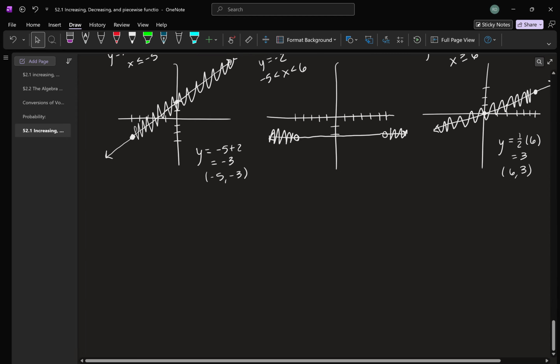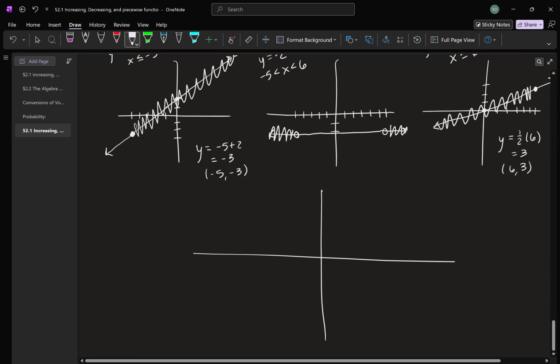So when we put these all on a graph together, we get this.